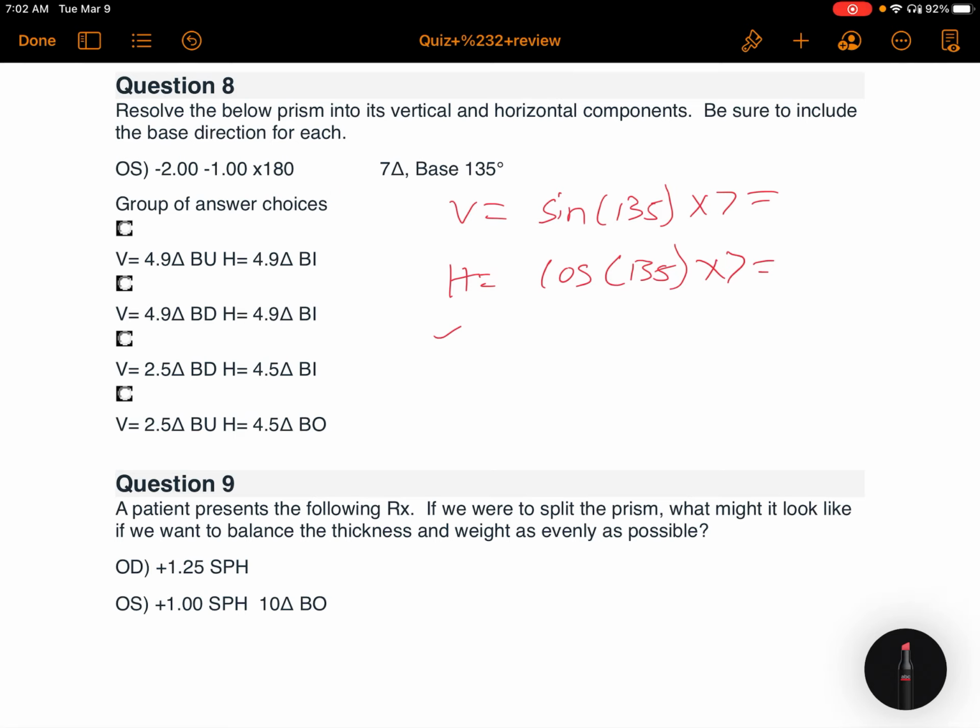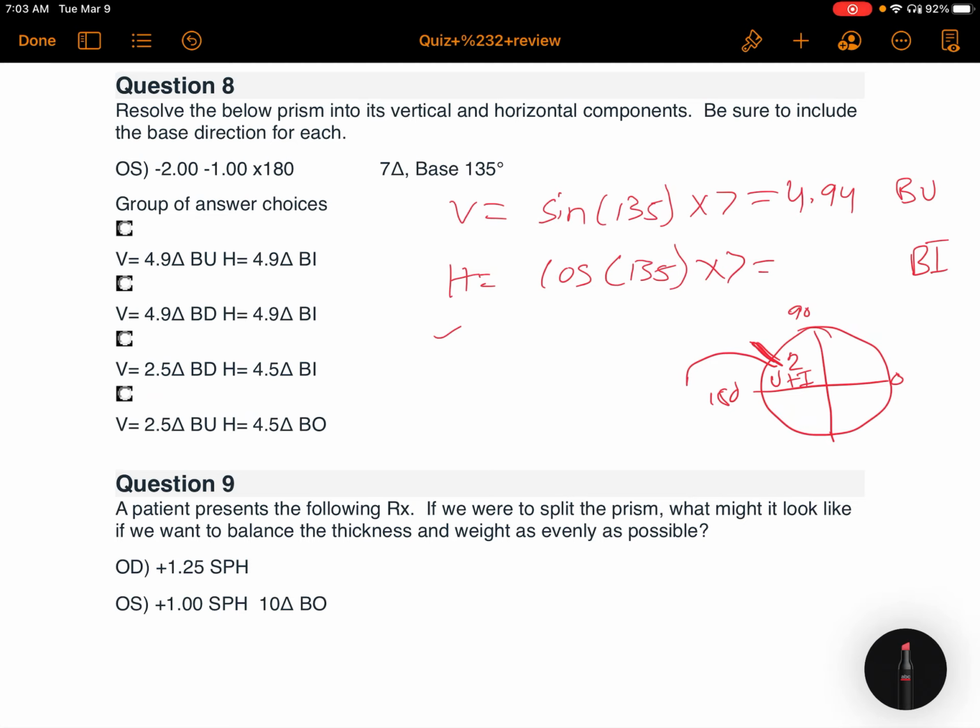And we're going to draw our diagram. It's a left eye. And 135 should place us between 90 and 180. So that's quadrant 2, which is up and in. So we can go ahead and put base up, base in, and do our calculation. So 135 sine times 7 equals 4.94.